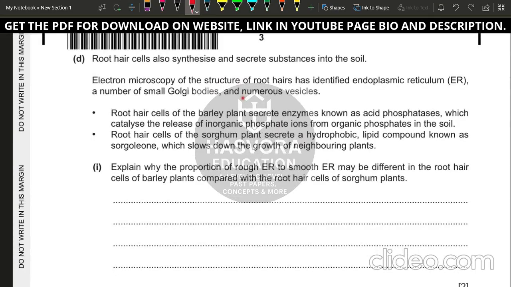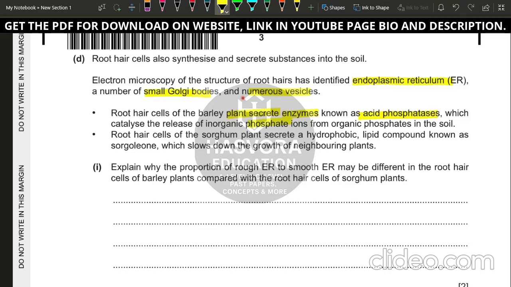So root hair cells also synthesize and secrete substances into the soil. Electron microscopy of the structure of the root hair cells identified endoplasmic reticulum, a number of small Golgi bodies and numerous vesicles present in the root hair cells. Root hair cells of the barley plant secrete an enzyme known as acid phosphatase, which catalyzes the release of inorganic phosphate ions to form the organic phosphates in the soil.